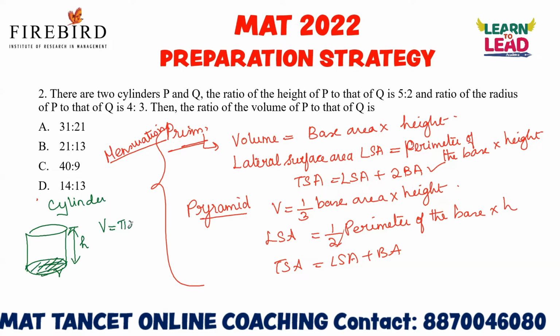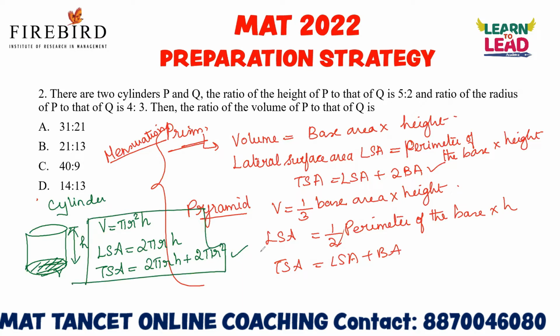The area of a circle is pi r square into height H. And when it comes to lateral surface area, perimeter of the base, here the perimeter is 2 pi r into height H. And its total surface area is nothing but lateral surface area plus 2 times of base area, 2 pi r square H. Okay, so this is the formula for cylinder.